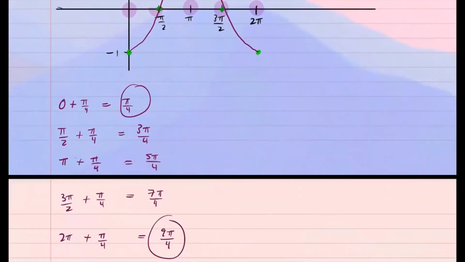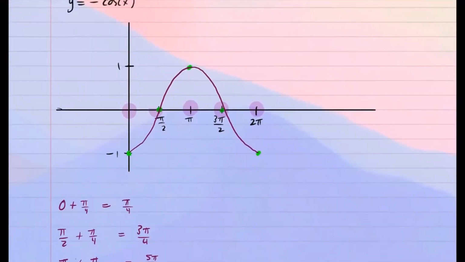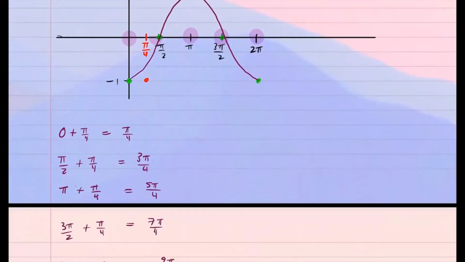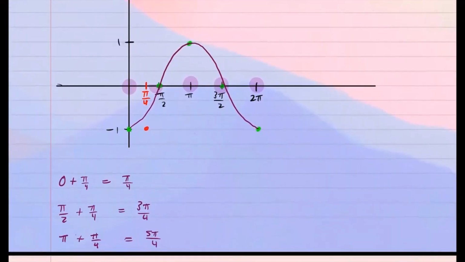So let's go ahead and plot these points. I'm going to use a different color to show you the shift. So my first point is pi over 4. Pi over 4 is right here, so that's going to be this point right here. And then pi over 2 gets shifted, so then 3 pi over 4, and that's going to be somewhere right here.